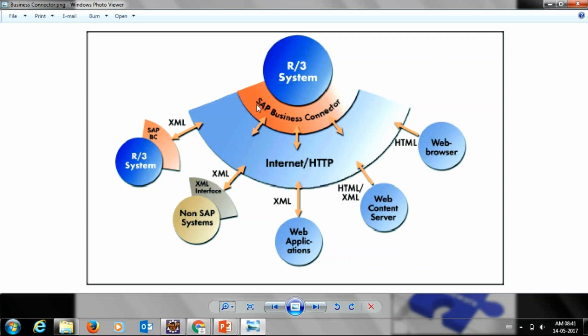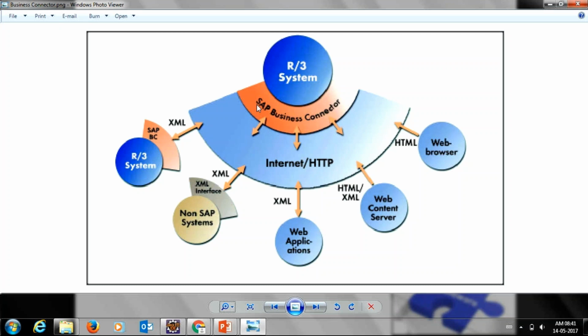Okay. Let's say if you have another R3 system which you want to connect, then you need one more layer of Business Connector, or any middleware software, at that R3 system, which would again convert the XML message into the required format, that could be IDOC format or XML format. Okay.